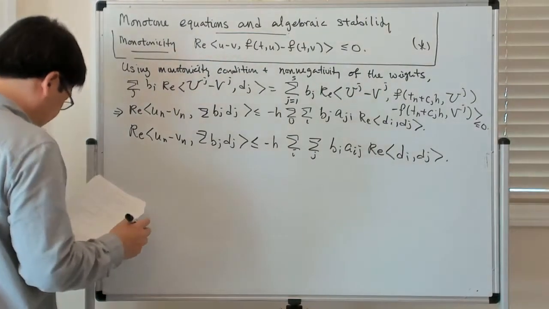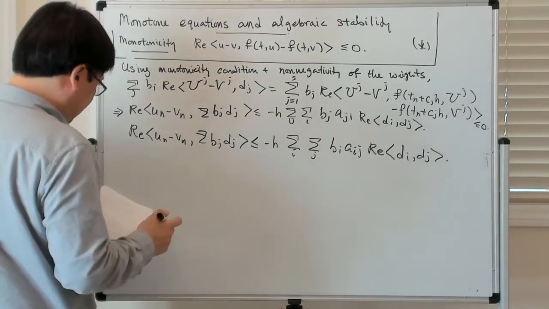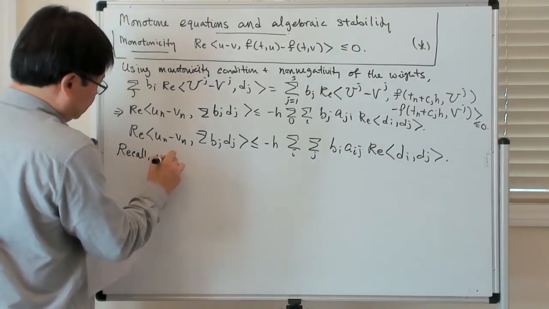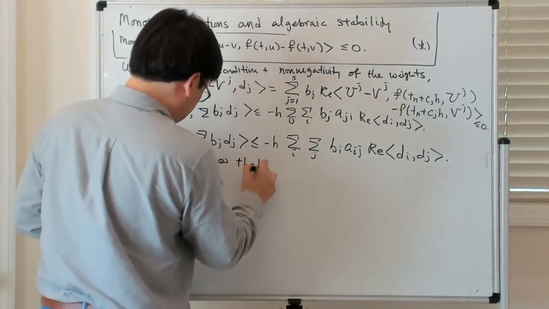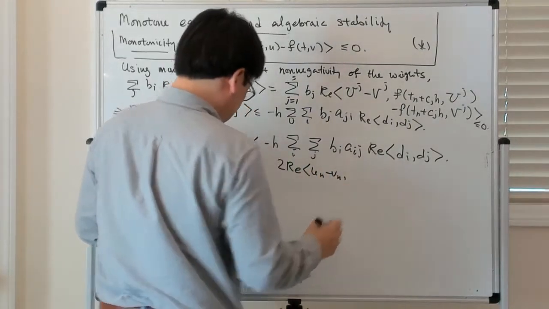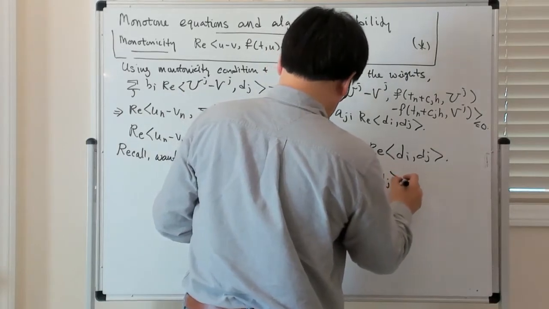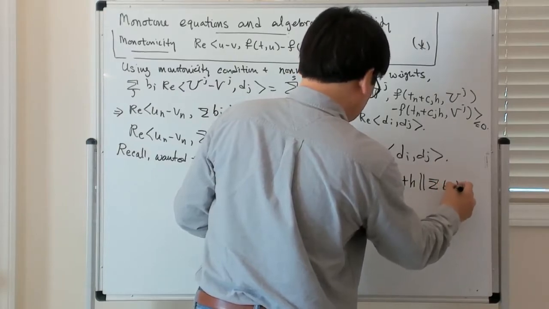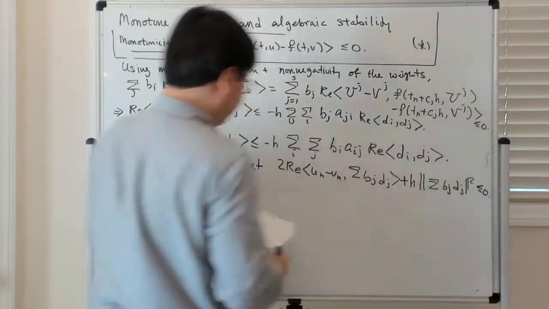So what that means then is that we can go back to what we are trying to prove, which is that, recall you wanted to show that 2 times the real part of ⟨u_n minus v_n, sum b_j d_j⟩ plus h times the norm of sum b_j d_j squared is less than or equal to 0, right?